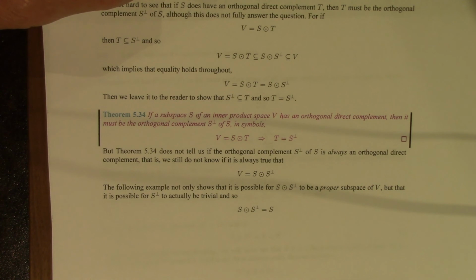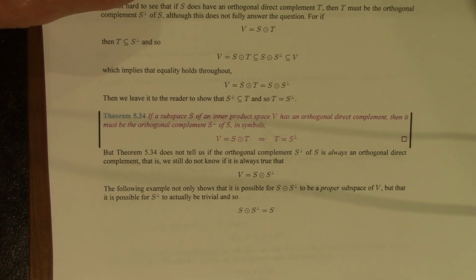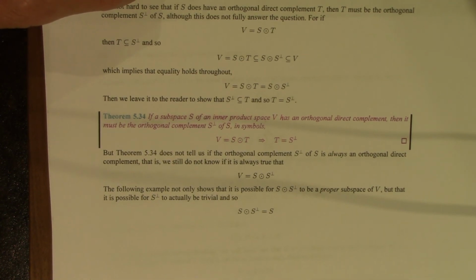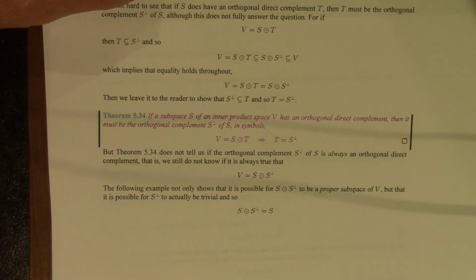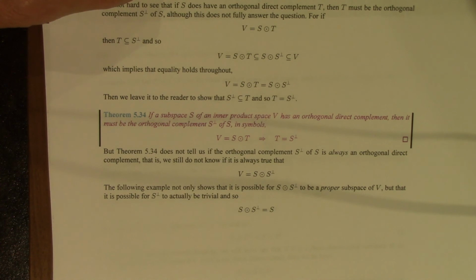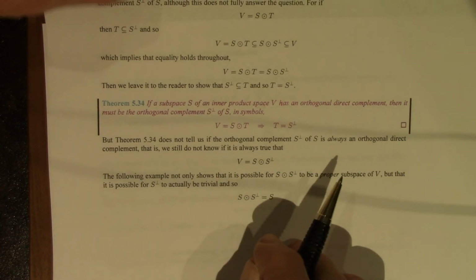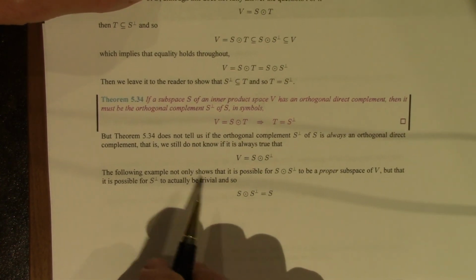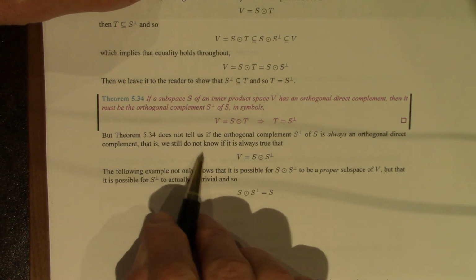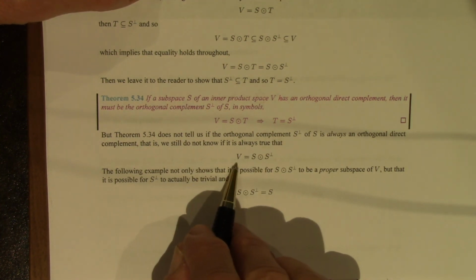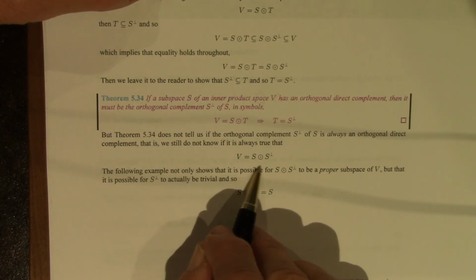It tells us that if we know somehow ahead of time that there is an orthogonal direct complement, it's got to be S perp. But if we don't know that there is one, we can't apply this theorem, and we have nothing. So we still don't know if this always holds.